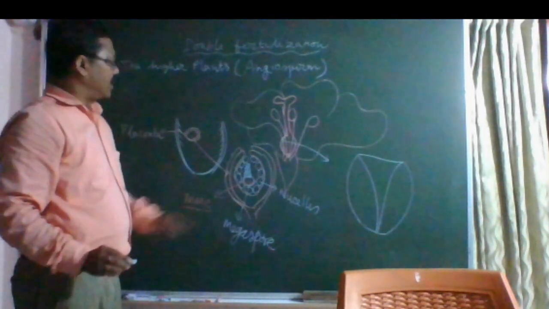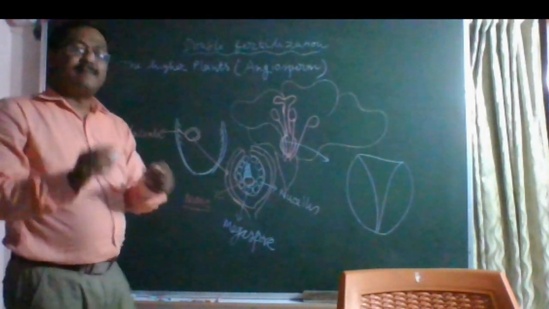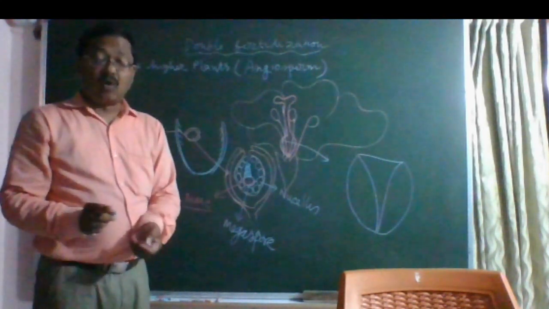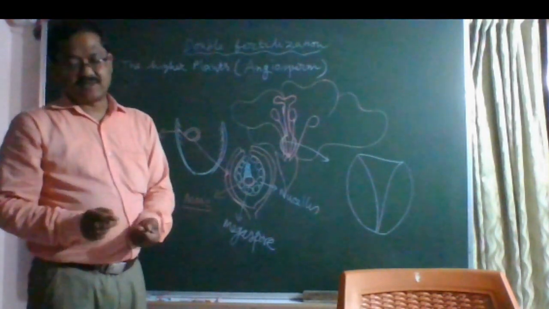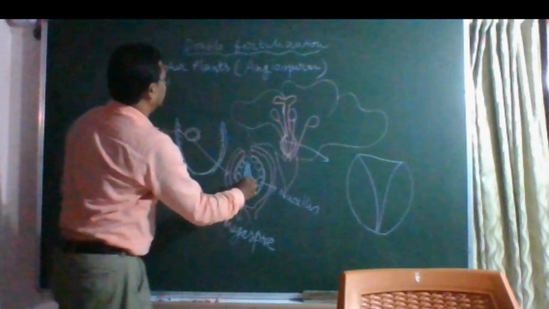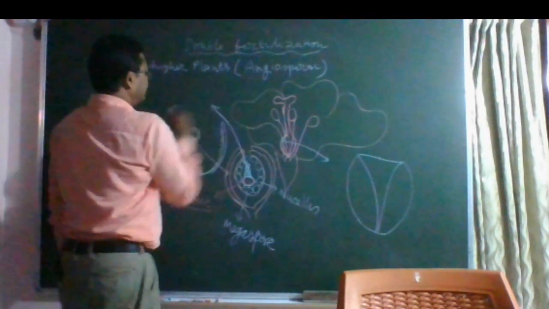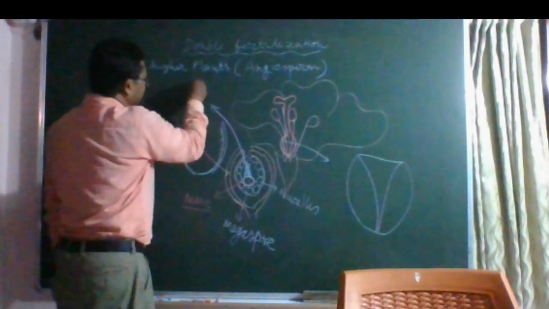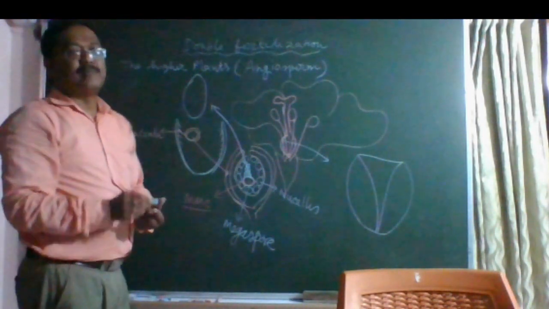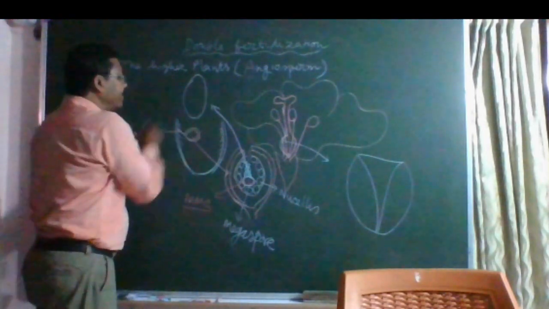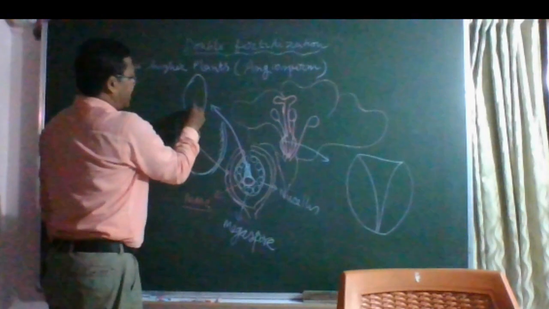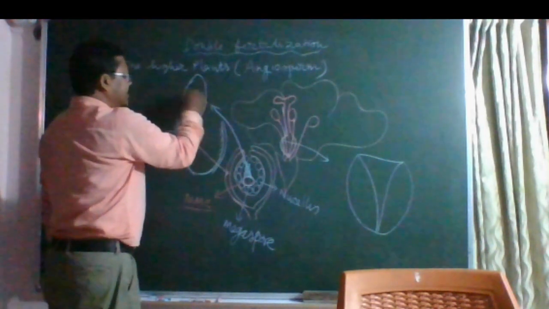This megaspore in later stage, the nucleus of the megaspore undergoes mitotic divisions. Suppose this is a megaspore. I draw a megaspore. The nucleus of the megaspore undergoes division. First division produces 2 nuclei.